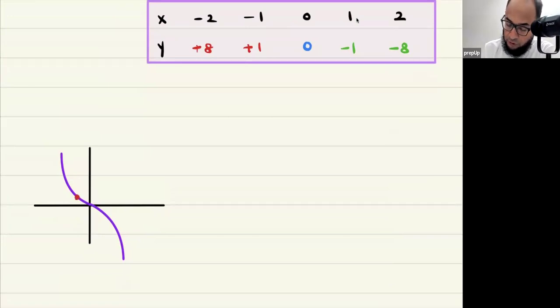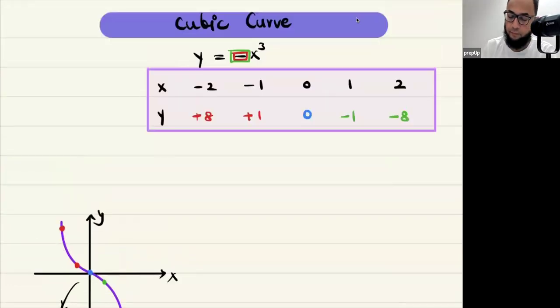So that is 1 point. -2 and +8, that is the other. 0 remains as 0. -1 is giving me +1 and +1 is giving me -1, and somewhere over here is like this. So now this is x, this is y, this is y is equals to -x cubed.